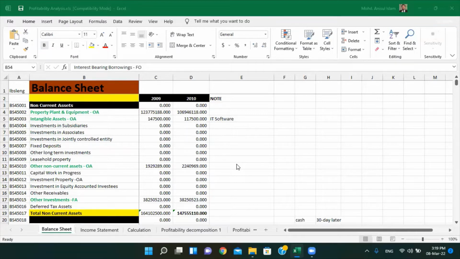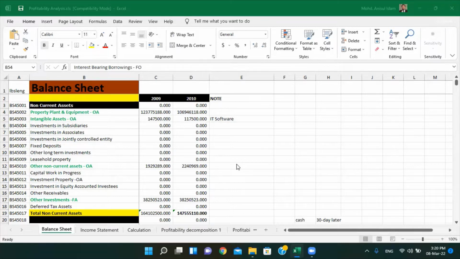If we have only the ROE percentage, say 10% or 15%, what can we tell about it? We can tell that for each dollar invested as equity, we have generated 10 cents or 15 cents from equity investment.